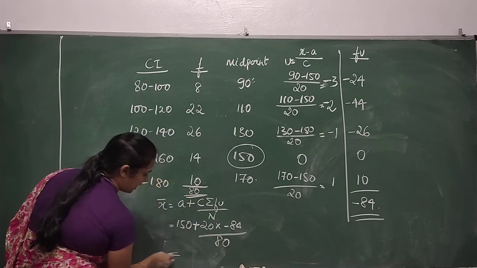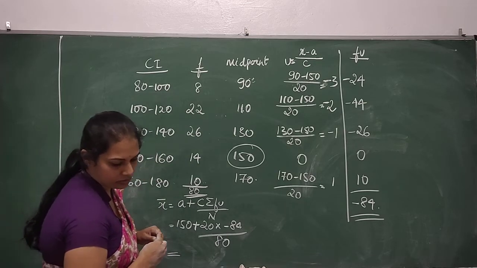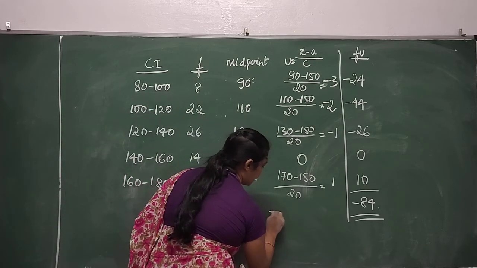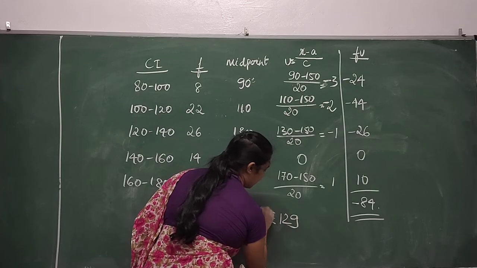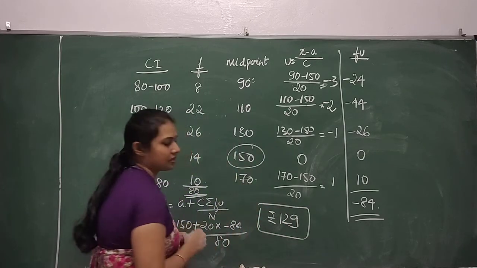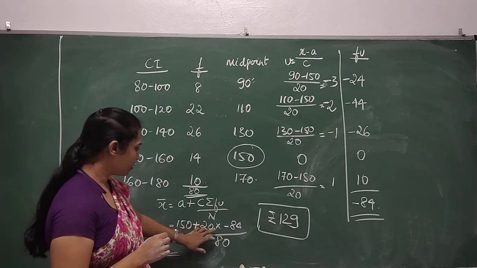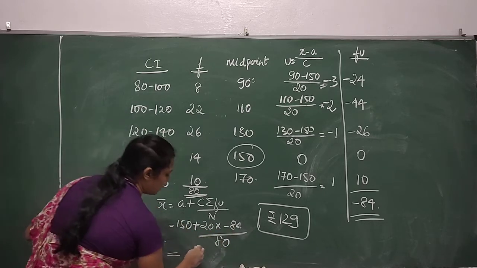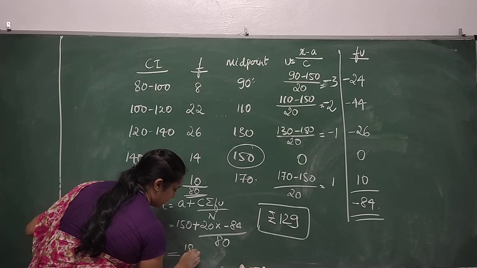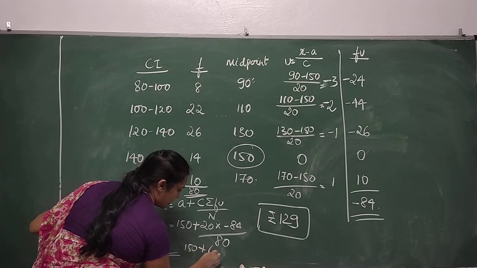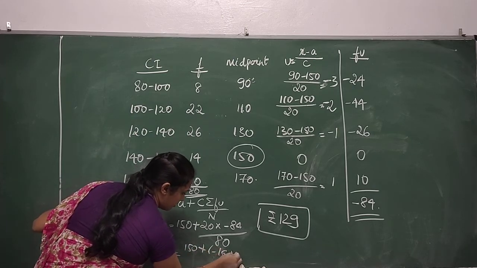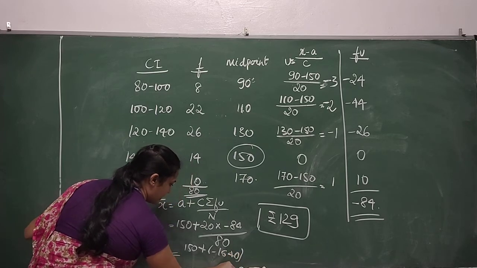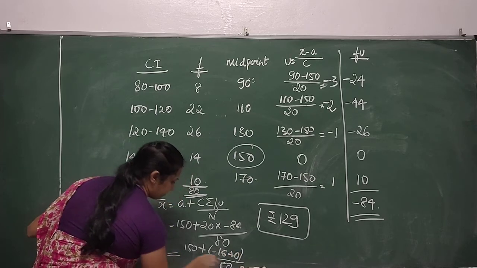So when you calculate, that is 20 into minus 84, you will have 150 plus minus 1680 divided by 80.